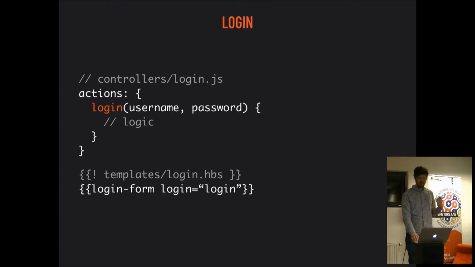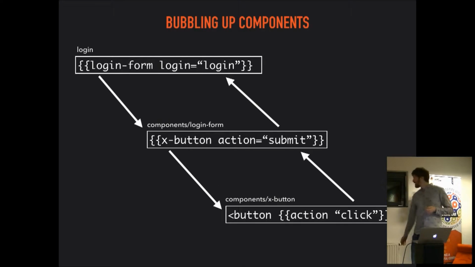So that's a lot of steps and a lot of things you have to do. And imagine if it were more steps down, you have to do a whole lot more, even more. So that was a short example of bubbling up components.